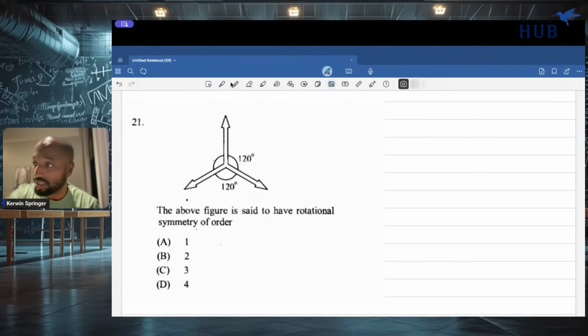All right, so rotational symmetry means how many times you can get the same look. So if you put that on this and you turn it around, you get 1, 2, 3. So 3 is the answer.